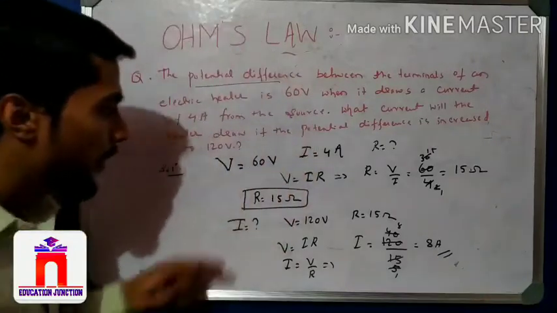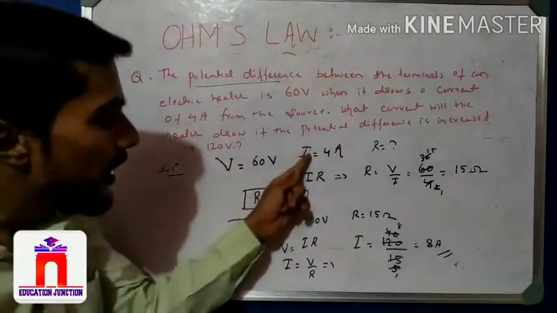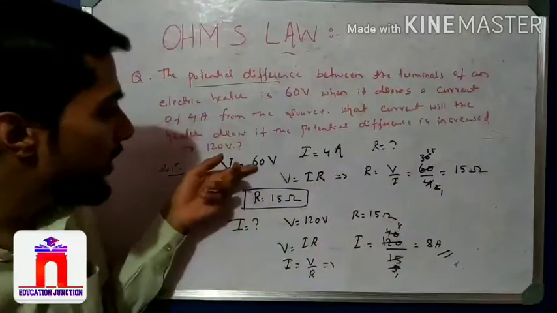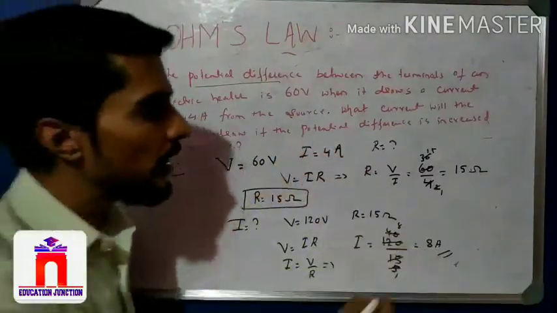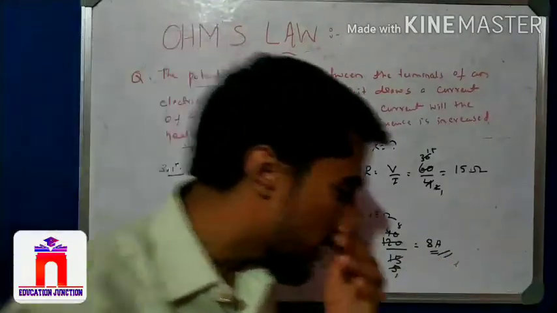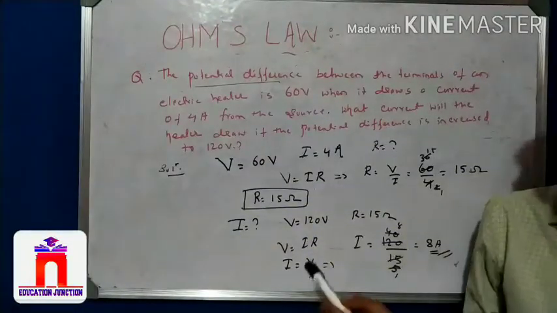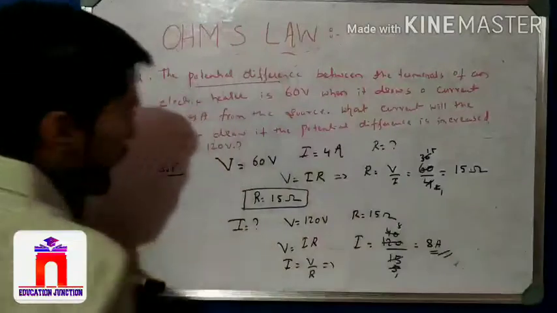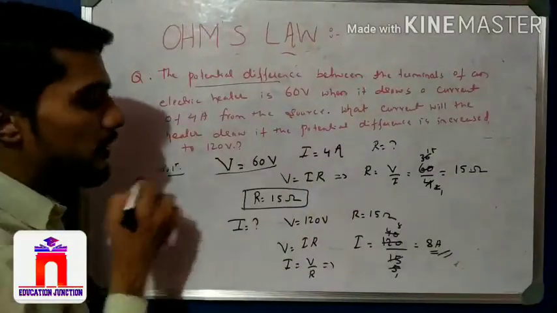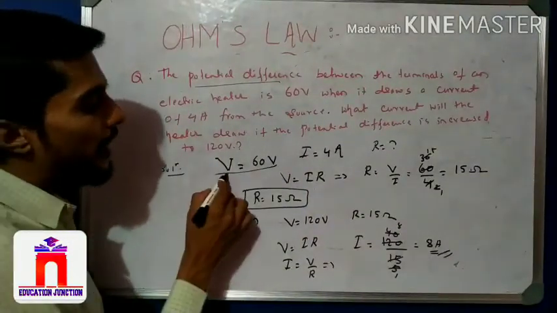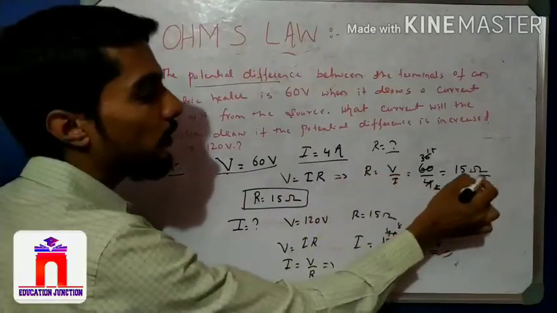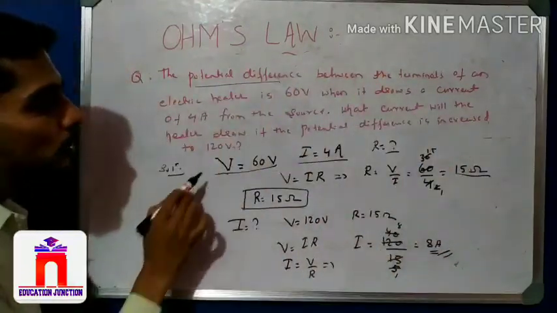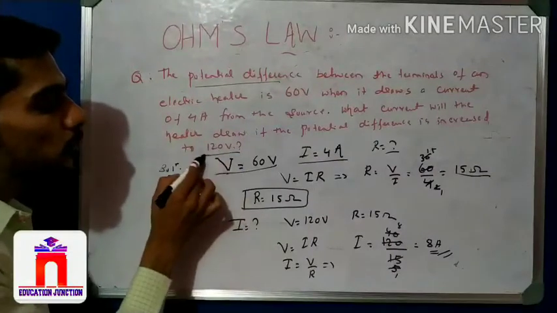See, observe here, when the voltage increases, current also increases. Correct? Exactly double. Voltage doubled, 60 to 120, and current also doubled. This is the required answer, students. I hope you understand this. So again I repeat it. In the first case, when voltage is 6 volt, we get the current 4 ampere, and we calculated the resistance as 15 ohm. Now the question: when we increase the voltage, what is the current?